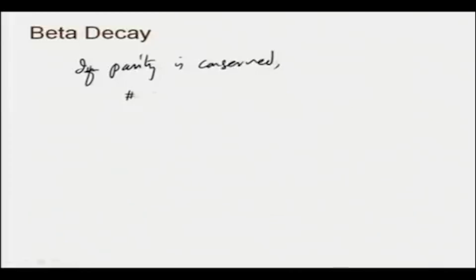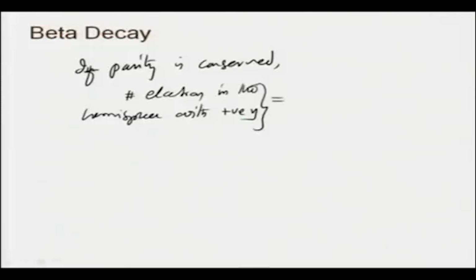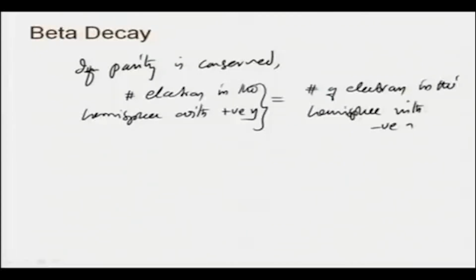the number of electrons detected in the hemisphere with positive y coordinate to be equal to the number of electrons detected in the hemisphere with negative y coordinate.